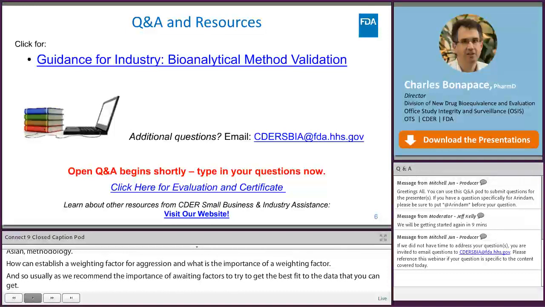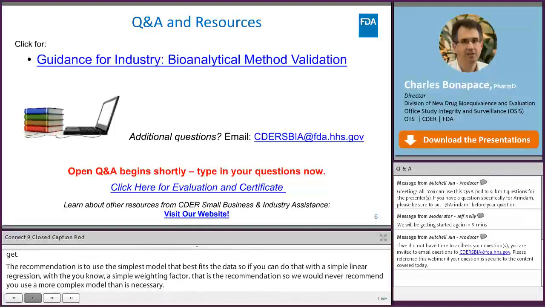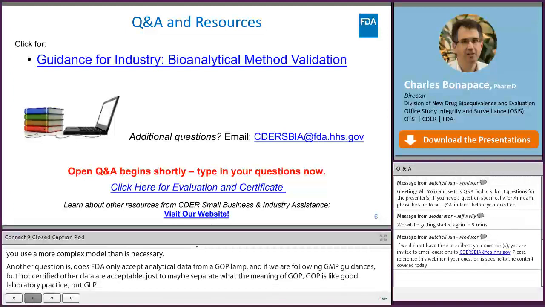Another question is, does FDA only accept analytical data from a GLP lab? And if we are following GMP guidances but not certified, are the data acceptable? Well, just to separate out the meaning of GLP. GLP is good laboratory practice, but GLP really are regulations that describe the conduct of safety studies, and these are non-clinical safety studies. So when you're talking about an analytical lab that's performing sample evaluations for an in vivo BE or BA study, they do not need to be a GLP lab.